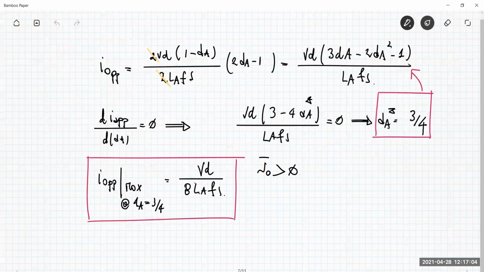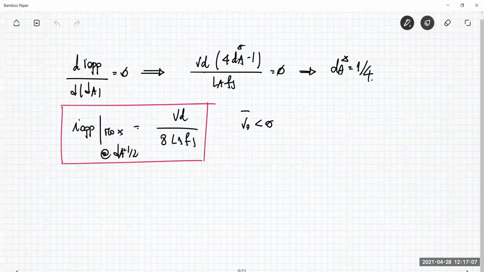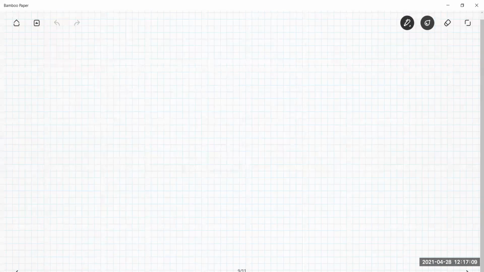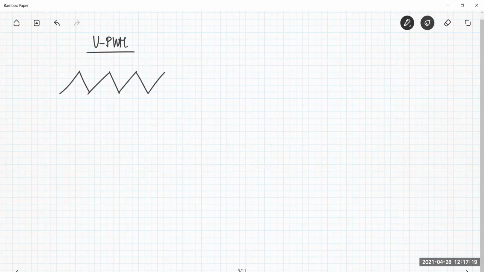This is very simple to understand, because if you look at the way unipolar modulation is working, you can see what happens. This is the triangular voltage in the modulator when you have the duty cycle 1/2. For having the duty cycle 1/2, the control voltage is exactly half the value of the triangular one.